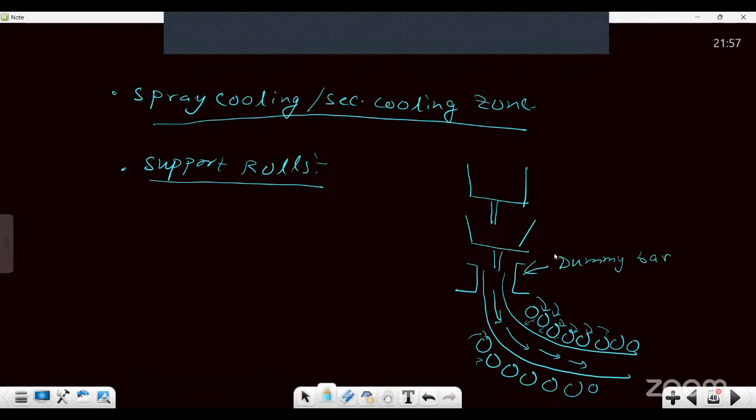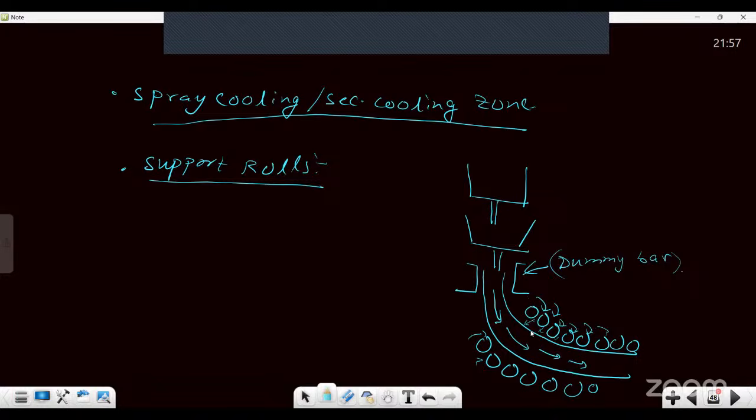What is the role of this dummy bar? It is a reusable steel bar which is used during startup. That means during the starting operation, this dummy bar becomes very important, and it gets attached to the initial molten steel.